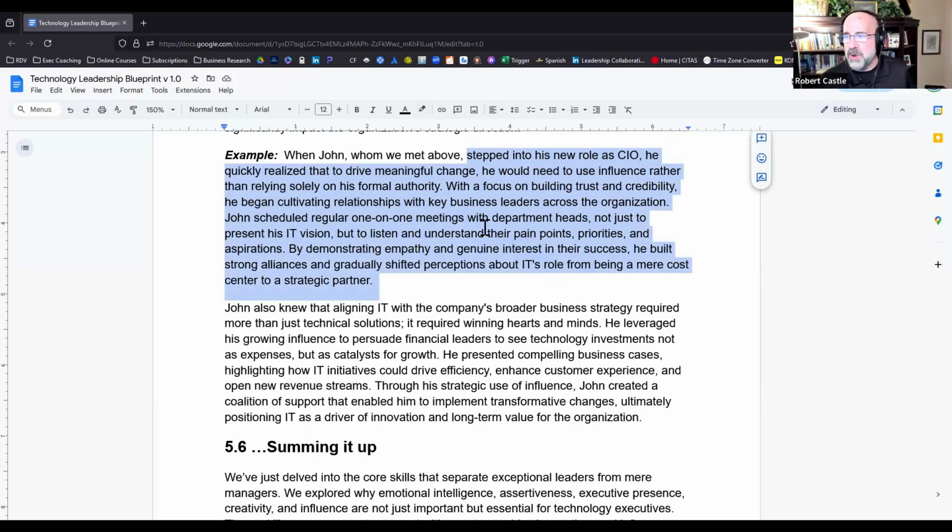John scheduled regular one-on-ones with department heads, not just to present his IT vision, but to listen and understand their pain points, priorities, and aspirations. By demonstrating empathy and genuine interest in their success, he built strong alliances and gradually shifted perceptions about IT's role from being a mere cost center to a strategic partner.